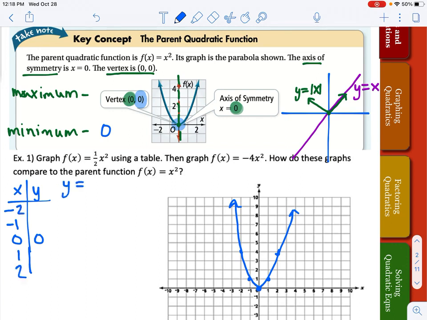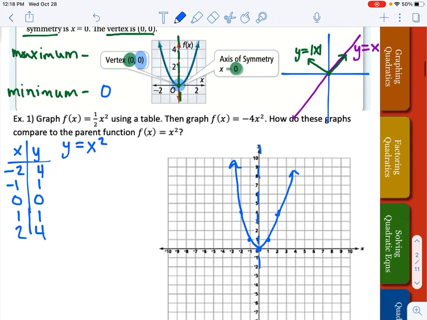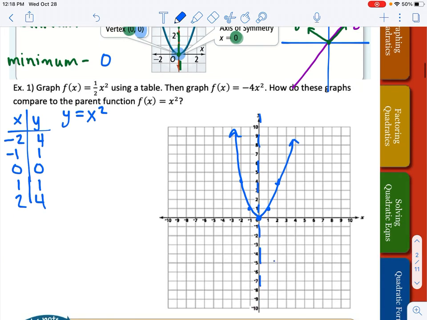We plug in those values here. -2 squared is 4, -1 squared is 1, 1 squared is 1, and 2 squared is 4. So I just fill them in, and then I plotted those points. Okay? Now, we also have an axis of symmetry here. That axis of symmetry tells us that this graph is symmetric on either side of it.